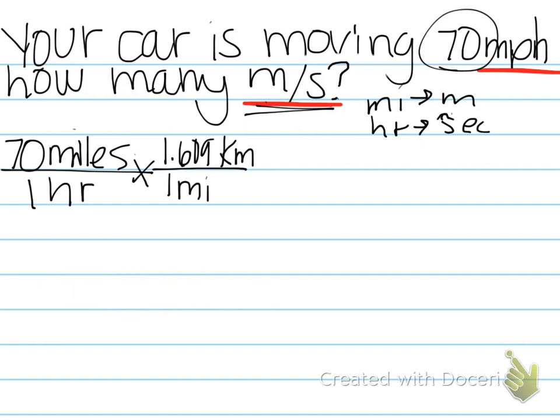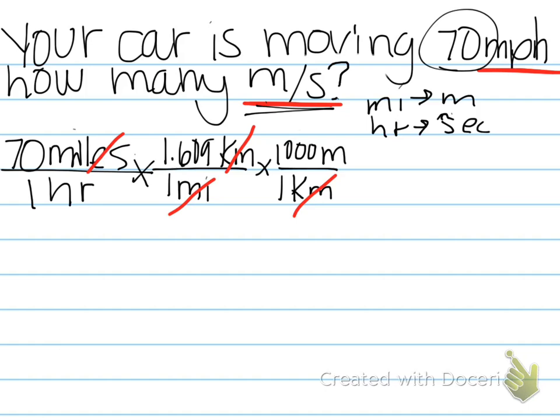So now our miles cancel, we're left in kilometers, and we're going to convert that into our meters. So 1 kilometer, 1,000 meters. So remember, on the top and on the bottom, they need to be canceled.